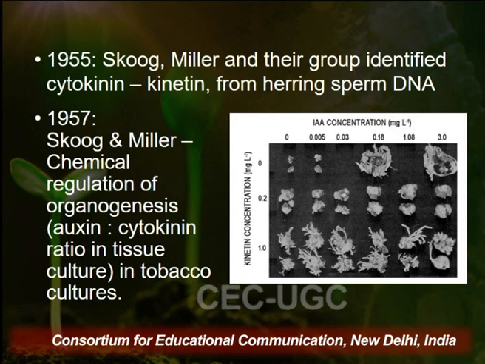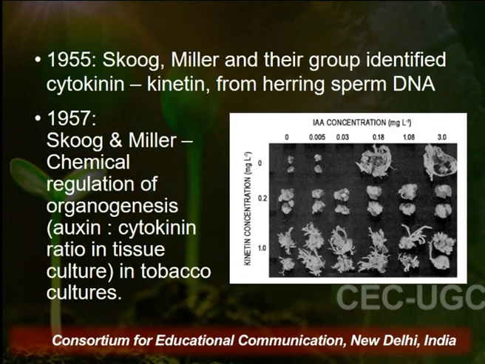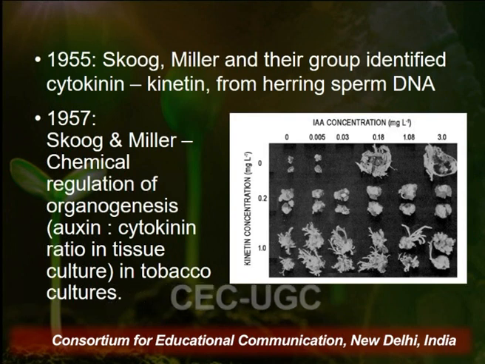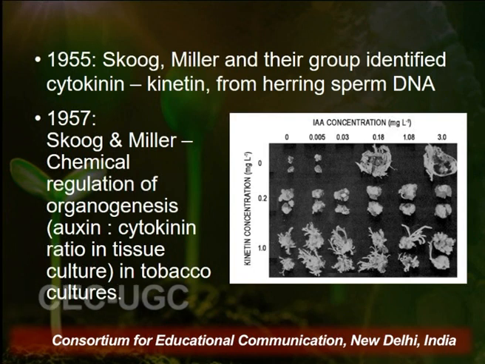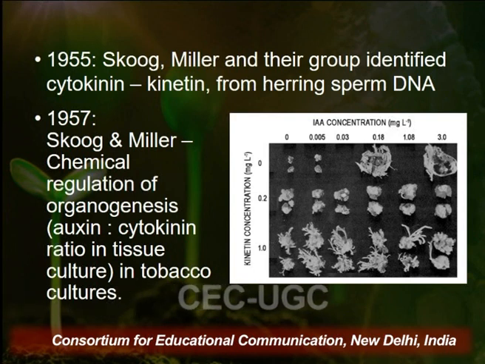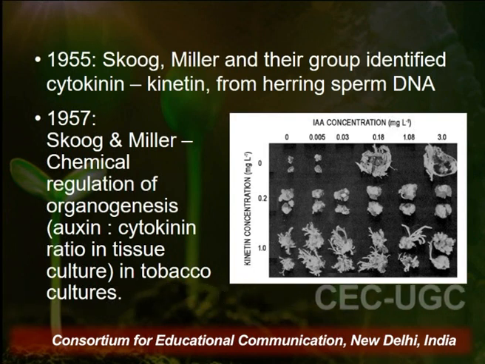So in this image, you can clearly see the relationship between the auxin and cytokinin concentration. As the auxin concentration is increased, we can see increased root formation in the callus. On the contrary, if the cytokinin concentration is increased, you can clearly see the formation of shoots in the callus.